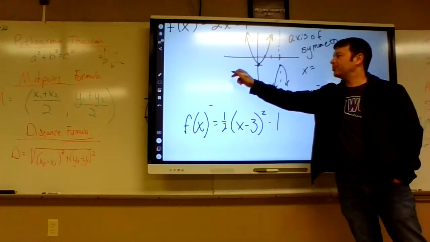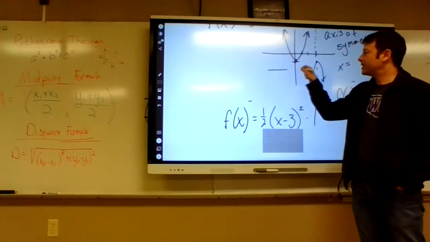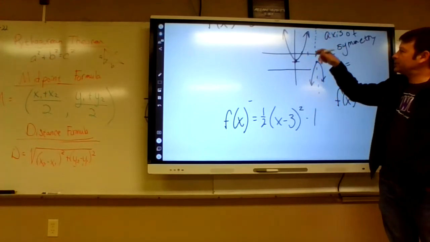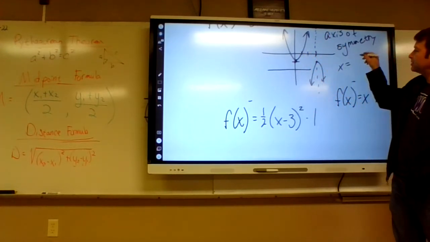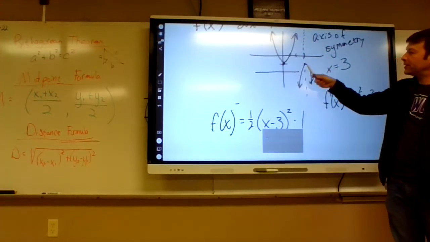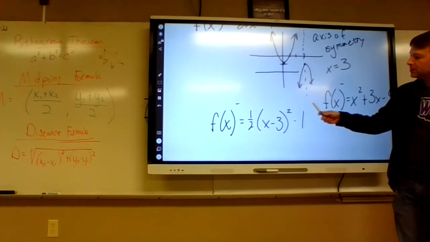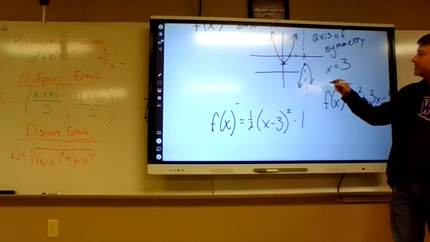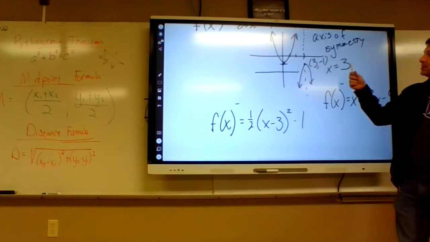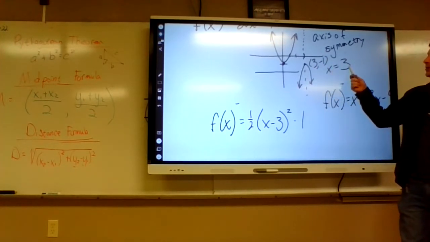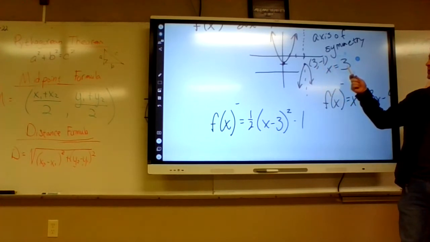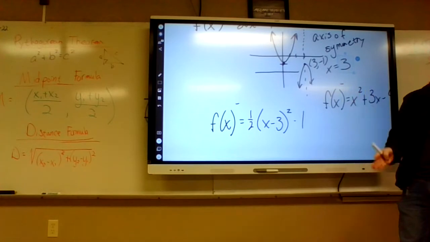You guys remember how a horizontal line was like y equals -2 or something? This vertical line would just be x equals 3. Because all the x values on that line have a value of 3. So basically, the x coordinate of the vertex is the same thing as the equation for the axis of symmetry. If the vertex is at 3, -1, x equals 3 is the axis of symmetry. It tells you where the middle is.